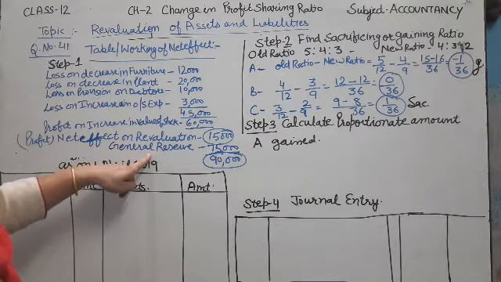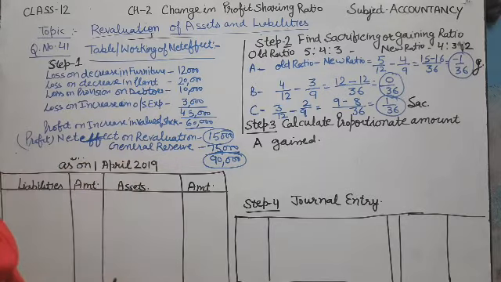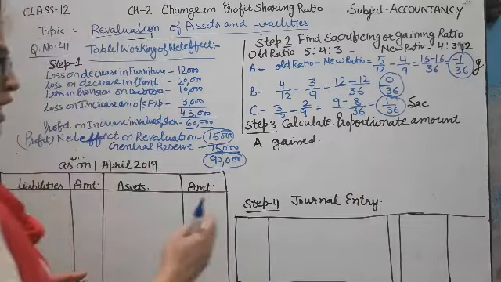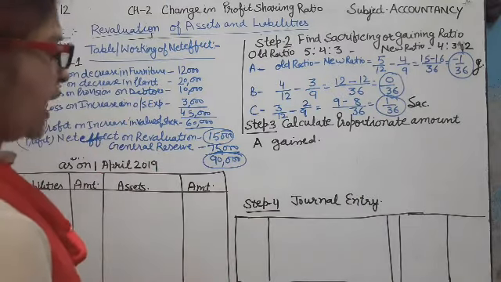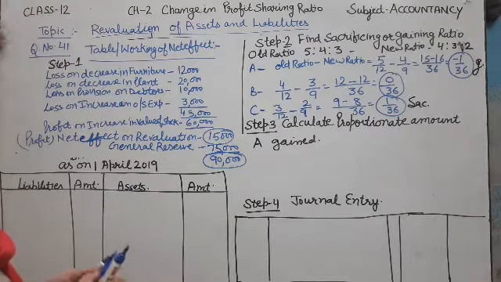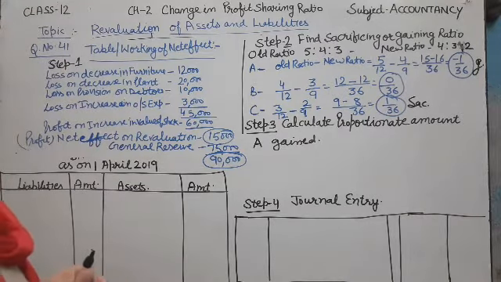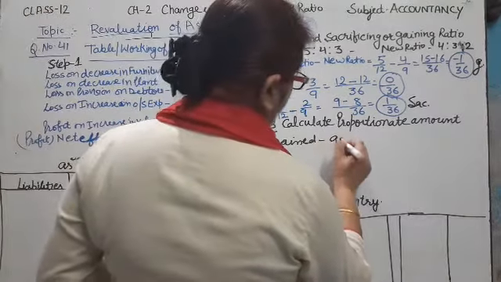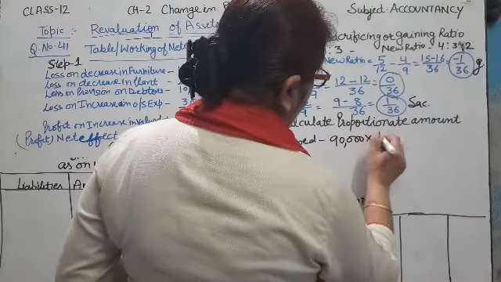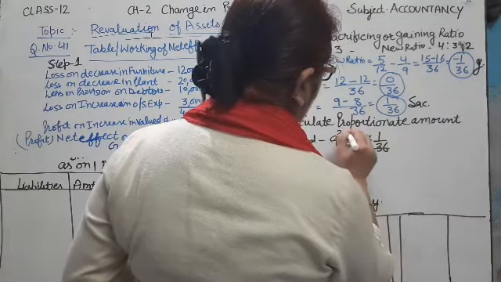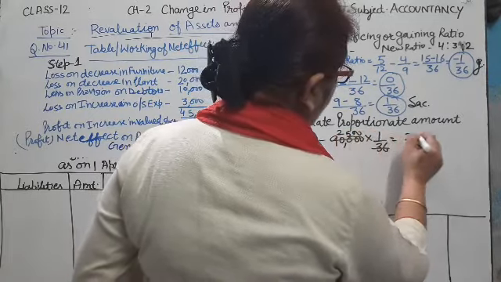When partners do not distribute the reserve and accumulated profit, then this total amount is distributed among partners on the basis of gain: gaining partner pays to the sacrificing partner. So same method used in both of the topics. So we calculate the proportionate amount, both of the amounts. A again 90,000 multiply 1 by 36, that is answer is 2,500.